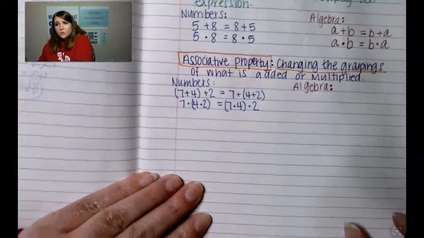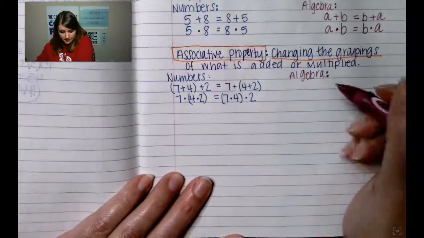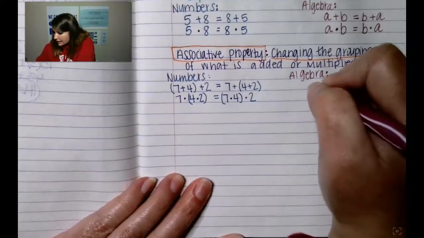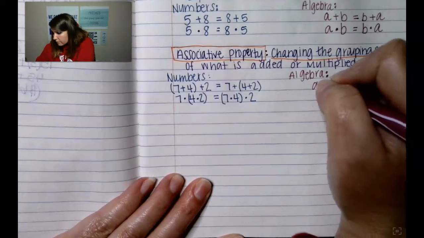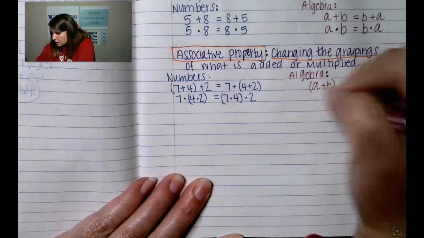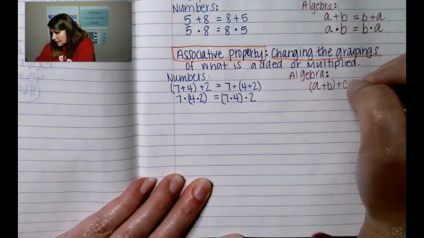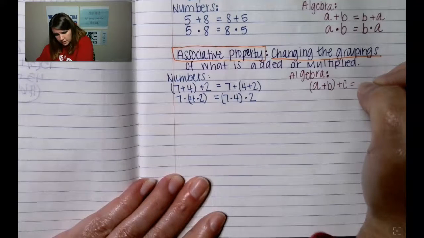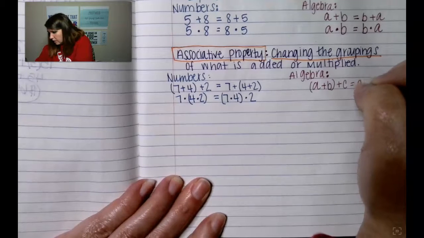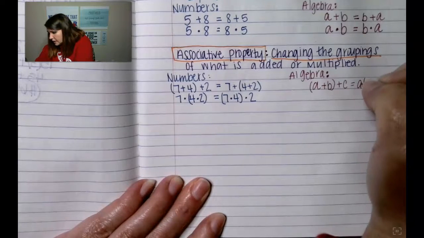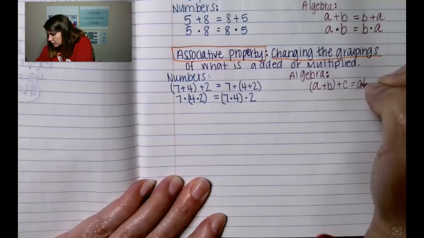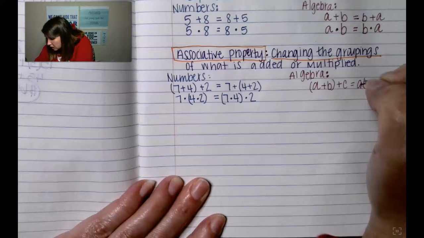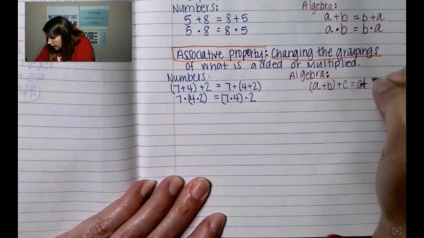Okay, in the world of algebra, it says that A plus B plus C is the same as A plus B plus C with the parentheses moved. Oh my goodness. Where's my plus sign? It disappeared. Let's just make a really big plus sign.